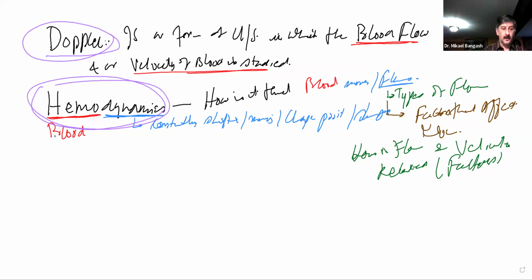Also, to understand why we see things or get findings in Doppler, we have to understand the factors that affect the flow of blood, because these factors may actually indicate certain pathologies or abnormalities.